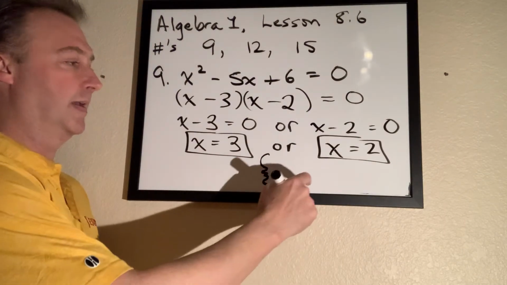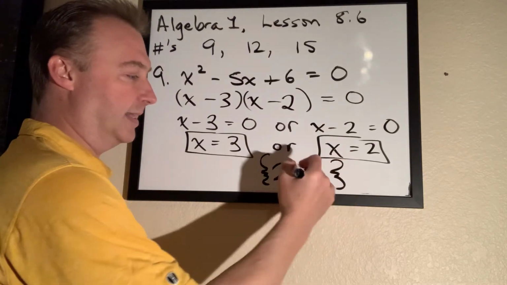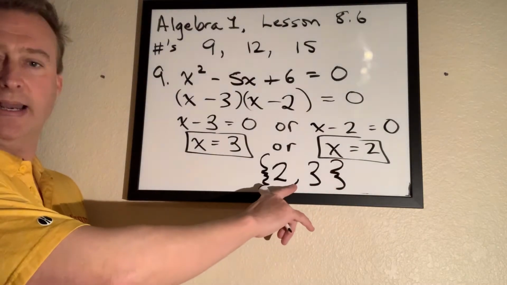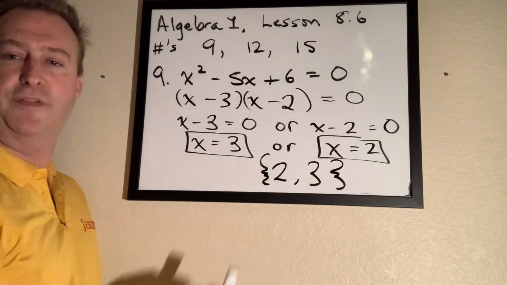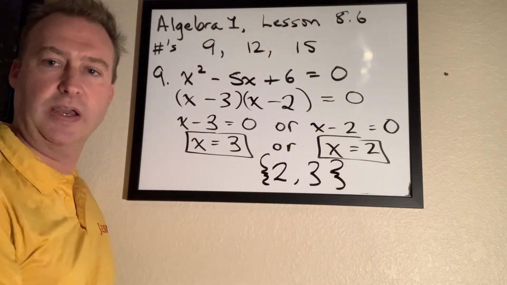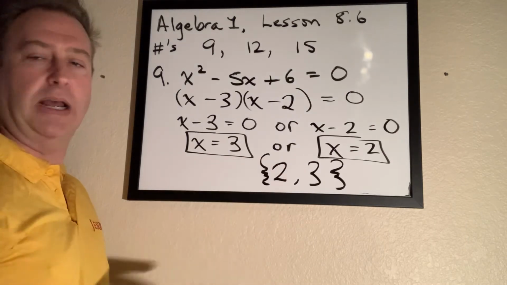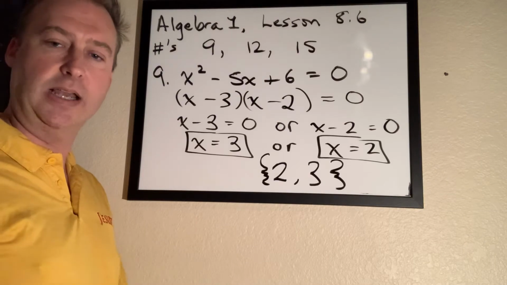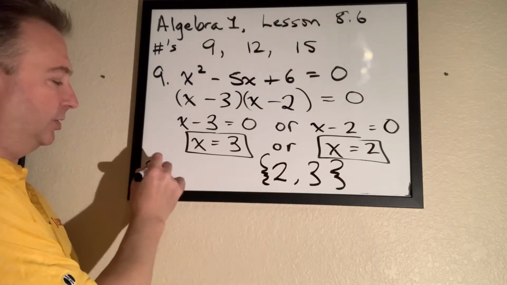So that's a brace, and you list your 2 solutions in a set of braces like so, separated by a comma. So that's a 2 and that's a 3. Why did I put the 2 first? Simply because least to greatest. That's not ultra important for now, but you'll see when I post my answer keys to these assignments, you'll see me write my answers in that form using, again, what we call solution set notation.